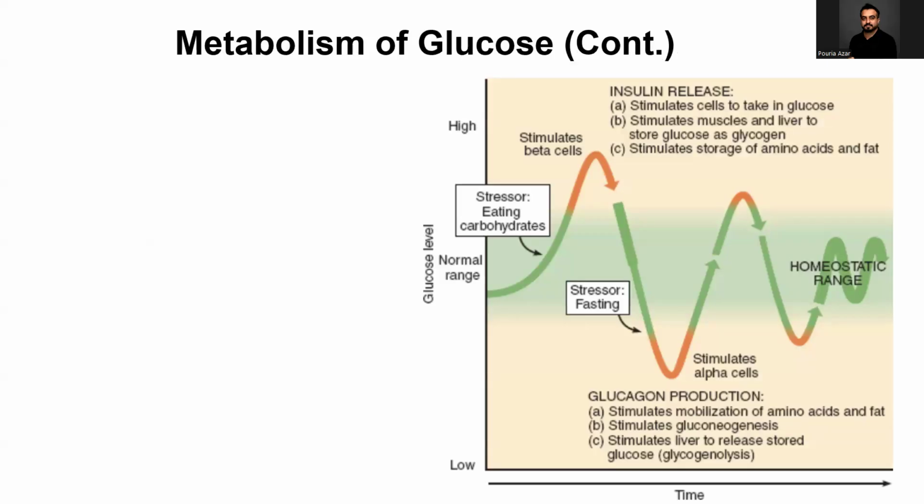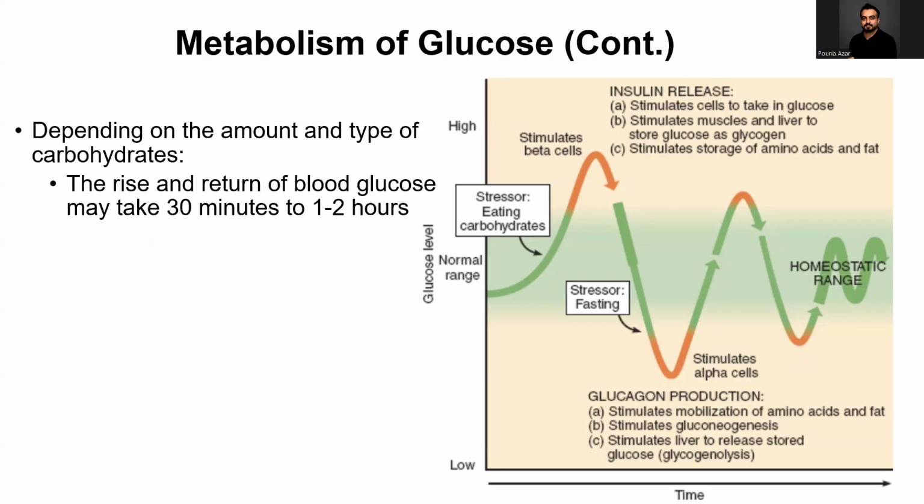So this figure shows the function of insulin and glucagon. It depends on the amount and type of the carbohydrates. The rise and return of blood glucose may take 30 minutes to 1 to 2 hours. So if we get a simple carb, the rise and return of blood glucose happens very quickly. But if we get complex carbohydrates, it may take 1 to 2 hours.